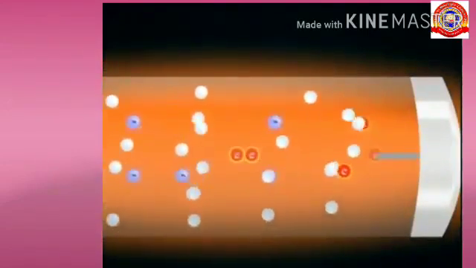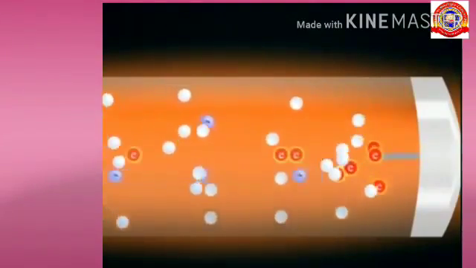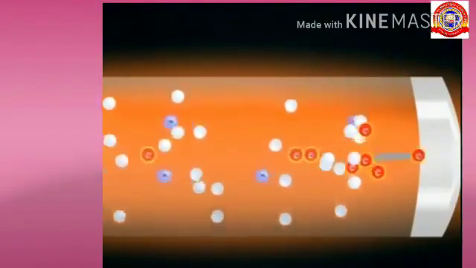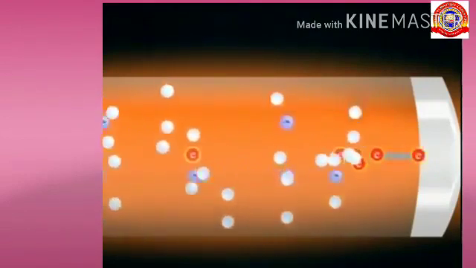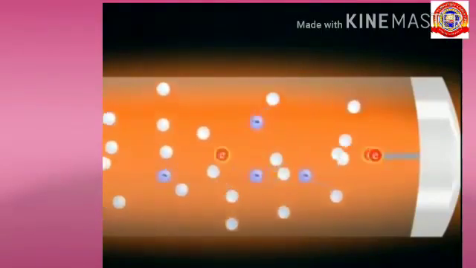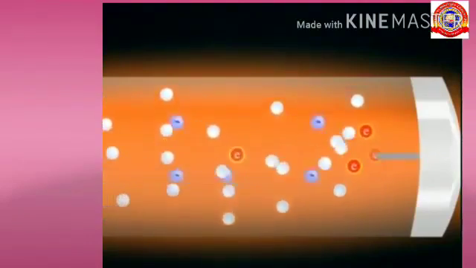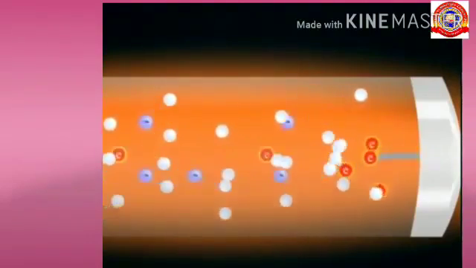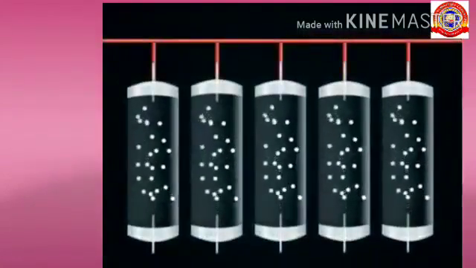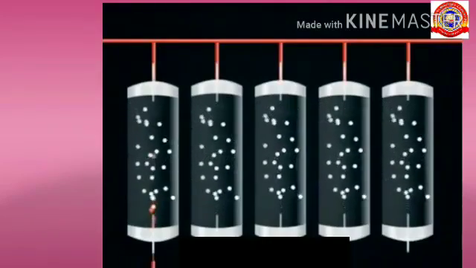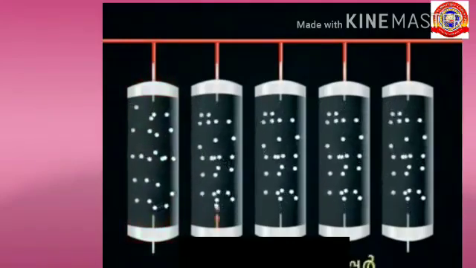The ionized atoms move at high speed and collide with unionized atoms among them and excite them to higher energy states. Excited atoms come back to the original states for attaining stability. During this process, the energy stored in them will be radiated as light. The color of the light depends on the gas inside the discharge lamp. If we fill nitrogen gas inside the glass tube, we will get red color of light.